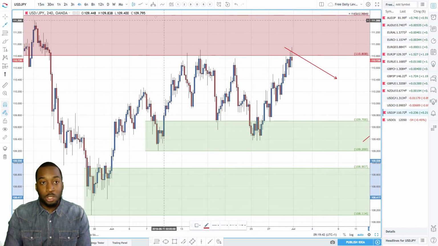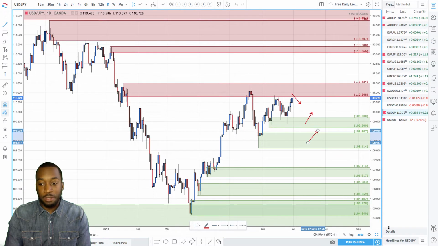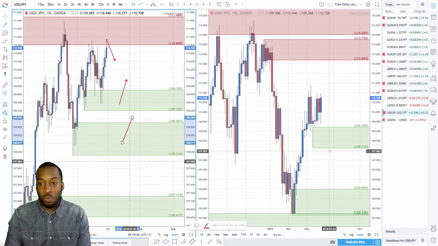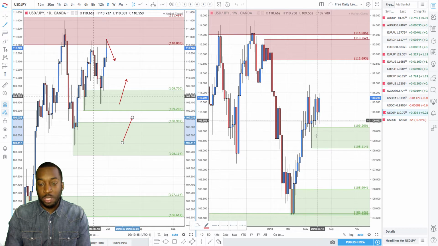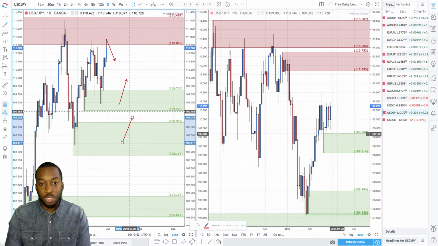So from a daily perspective, that's what you're seeing. On the weekly, we've got the weekly demand zone right here. So if we do see prices pull back into this deeper area, let's say we get a pullback right here, then that'd be another level with confluence with this weekly demand zone.